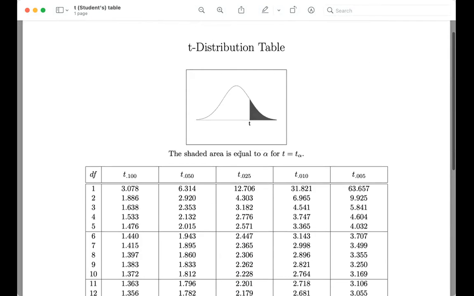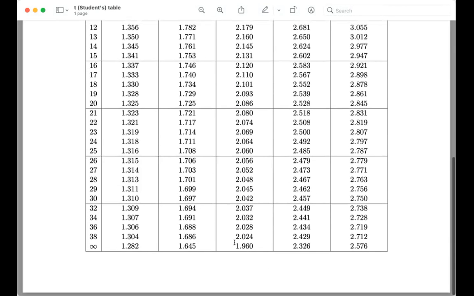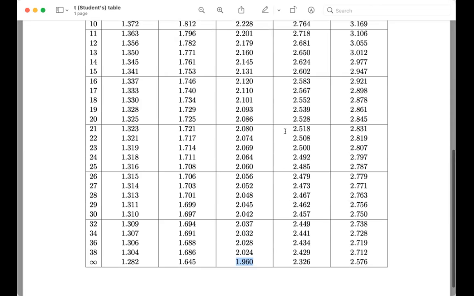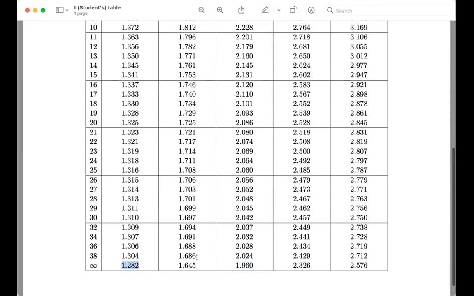Well, this corresponds to that 95% confidence interval where we have these two tails. And you know this number is the same number as the Z 95% critical value. So you can see that for very large values, it's going to be normal.